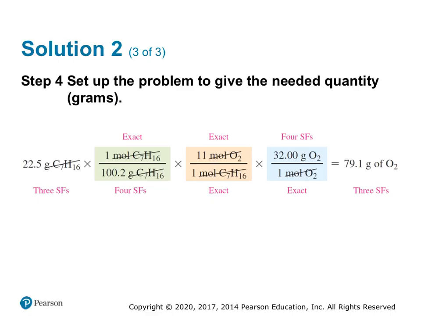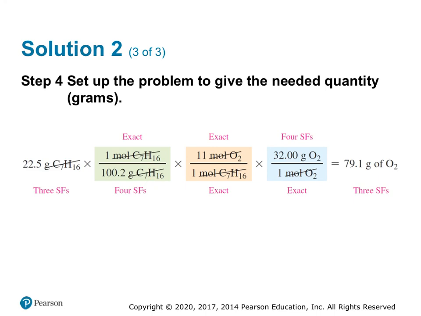So here's our plan for problem number 2. We're going to start with the 22.5 grams of heptane. And the first conversion factor is going to be moles of heptane over molar mass of heptane.